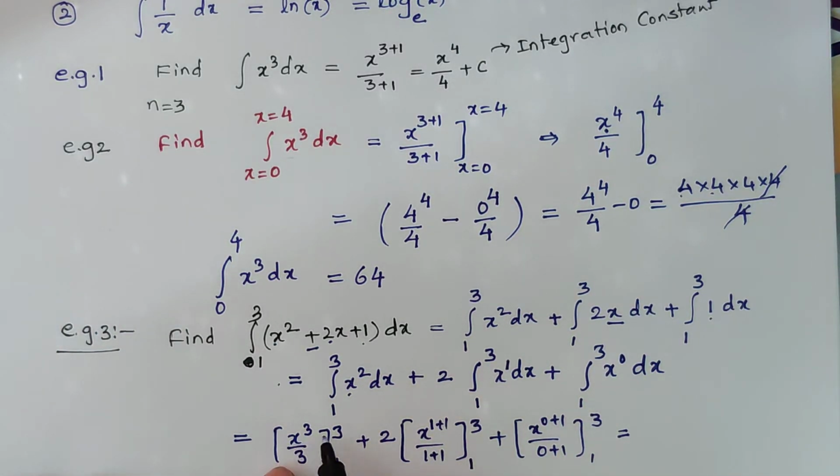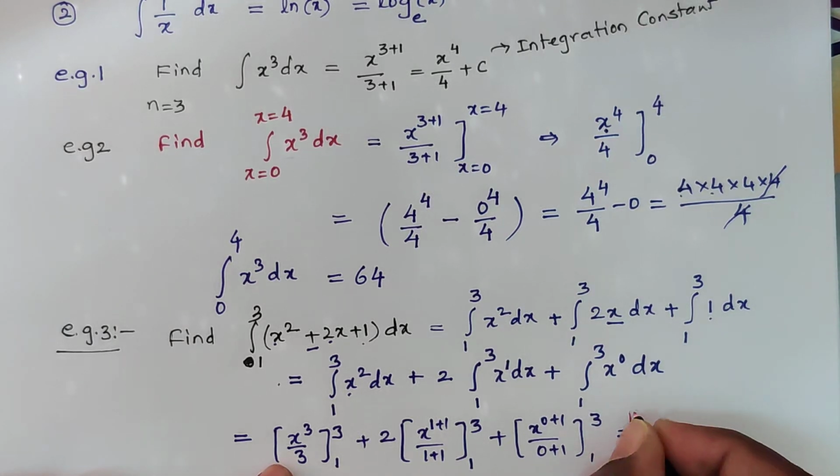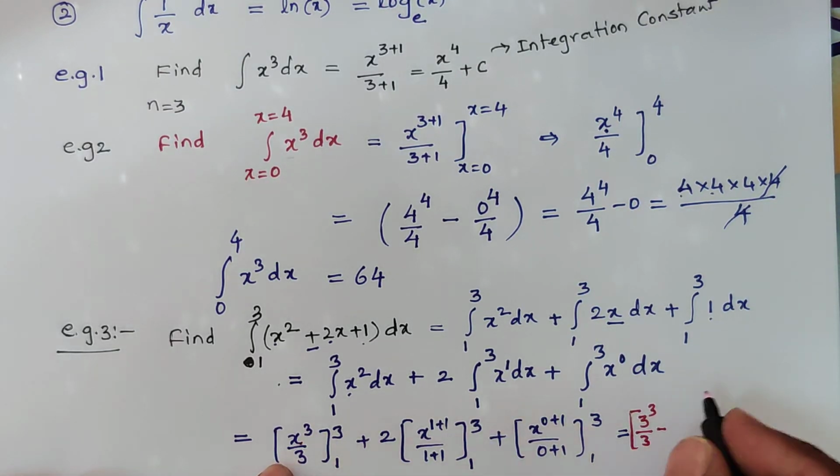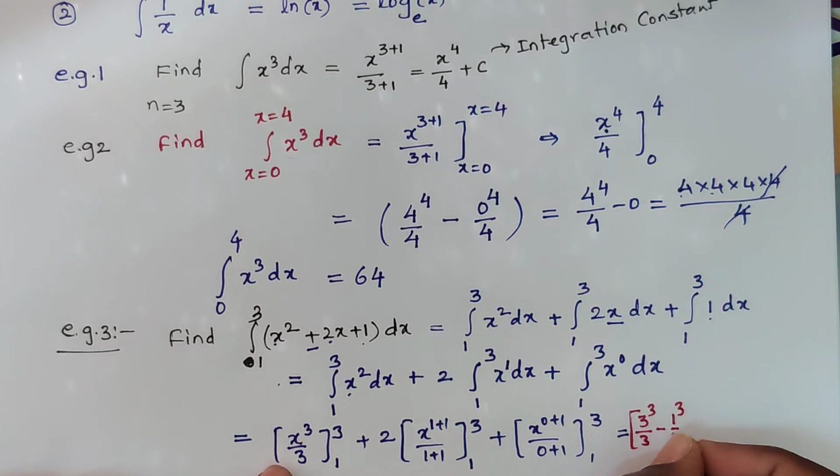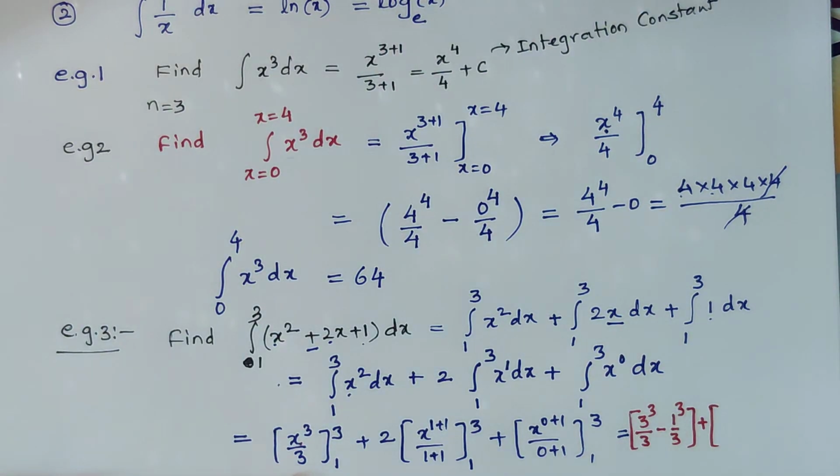Wherever x is there, just put 3. 3 cube by 3 minus, apply lower limit, 1 cube by 3, plus next one is 2 into x square by 2. This 2 and 2 cancel out. What is there? Only x square. So x square is there.